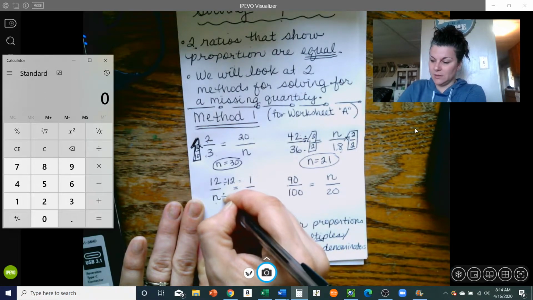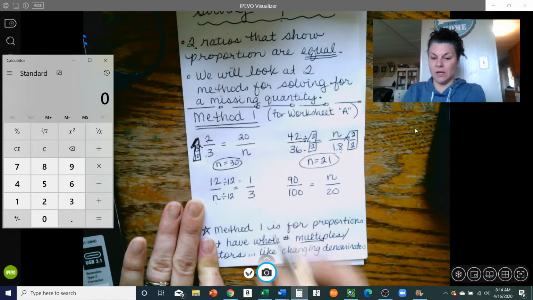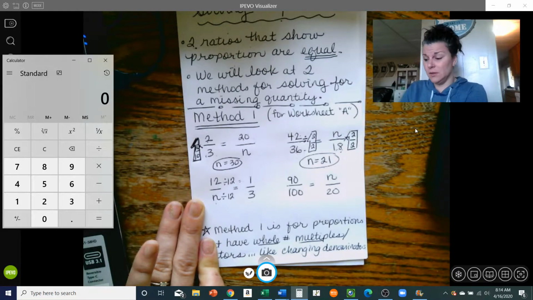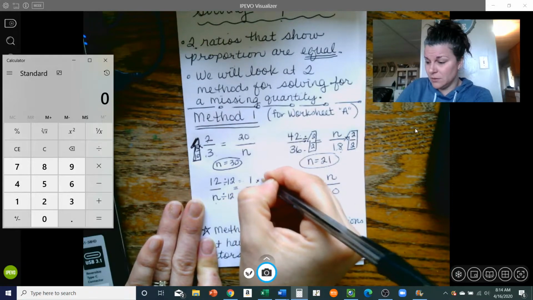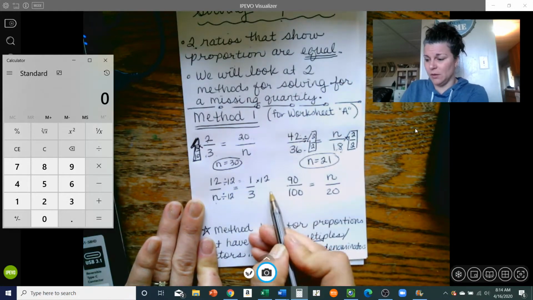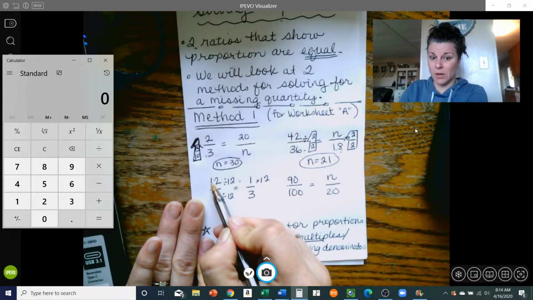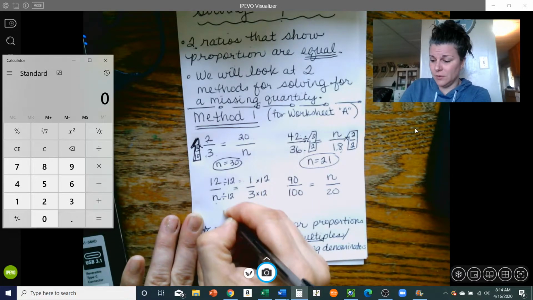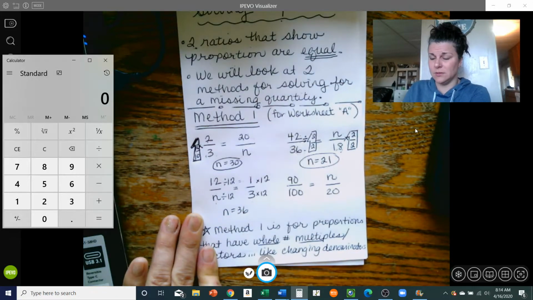So that means that n divided by 12 is 3. That's harder for me to think of. If that's harder for you to think of, switch it around. 1 times 12 is 12. 3 times 12 is 36.